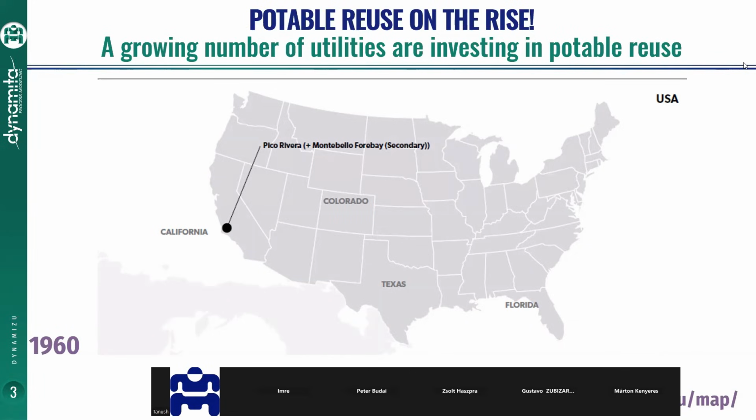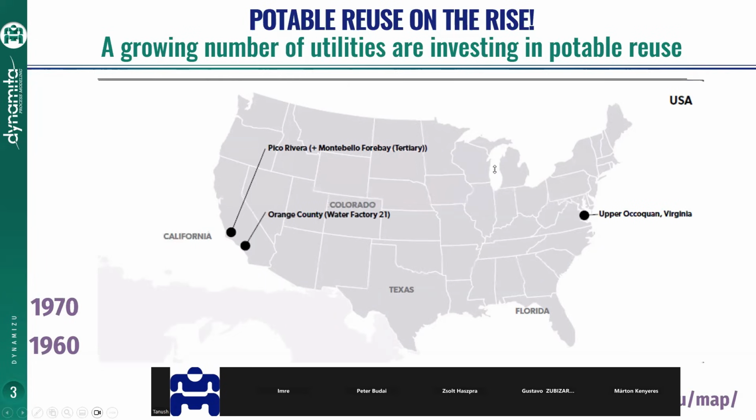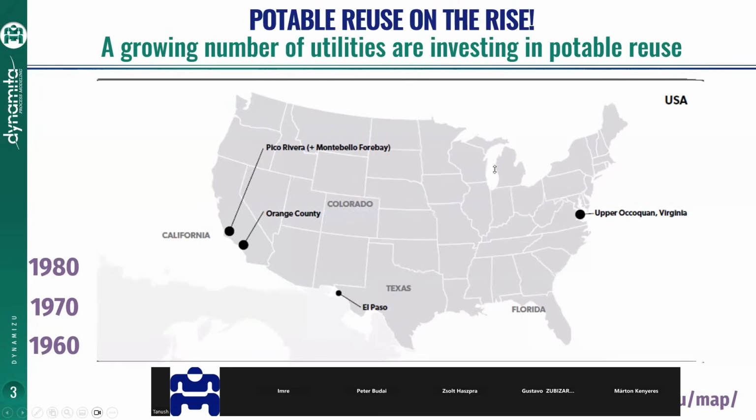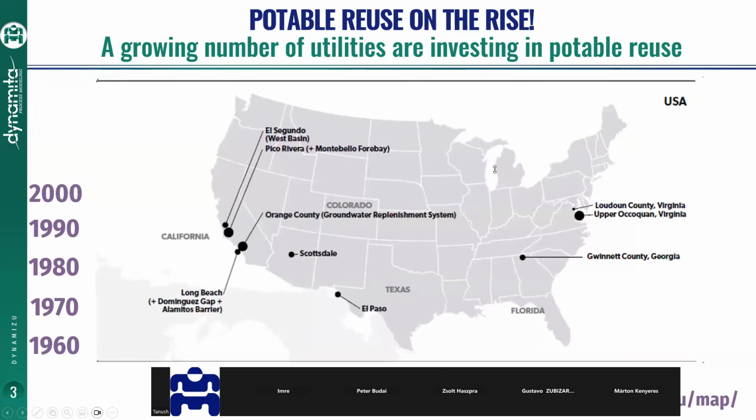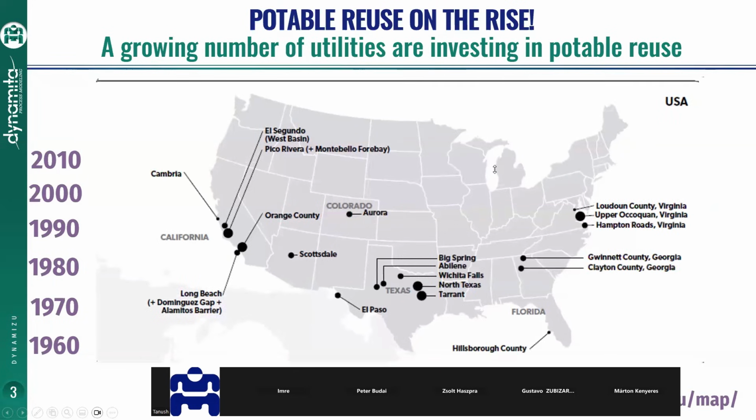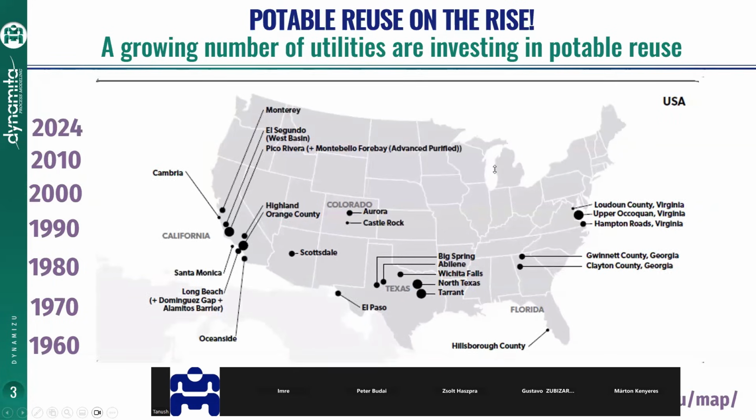So in 1960, there was the first plant which came out in California. And over the years, what we have seen is a tremendous growth of reuse application showing up in United States and all over the world.